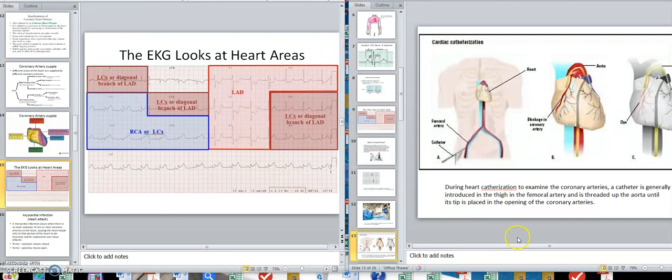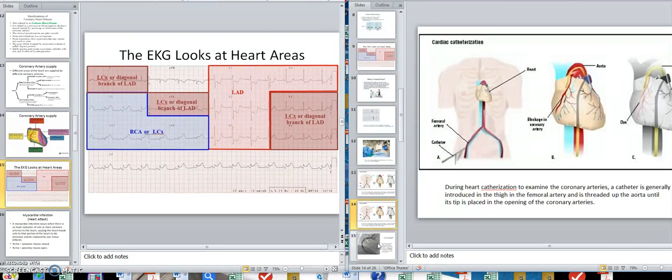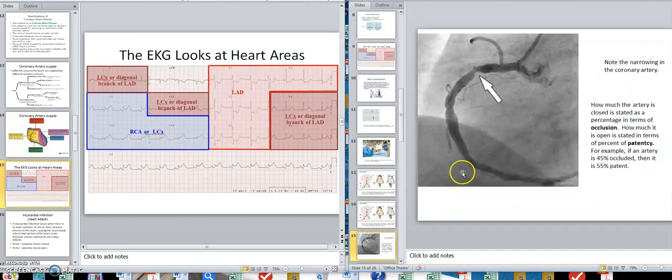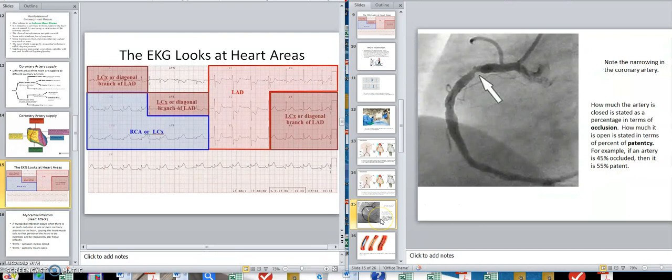And then they look at that and try to determine the exact location of where the occlusion is. Now, see that narrowing right there? Dye has been injected. You can see a narrowing. How much the artery is closed is stated as percentage of occlusion. How much is open is stated as percent of patency. So if you have a 45% occlusion, then you have a 55% patency.